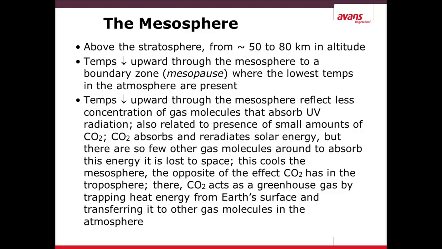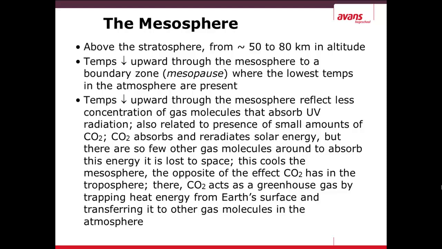Temperatures decrease going upwards through the mesosphere because there is less concentration of gas molecules that absorb UV radiation. The gas molecules, having a mass, tend to go downward, so at this part of the atmosphere there are fewer gas molecules to absorb the UV radiation. And this continues as you go upward through the mesosphere.